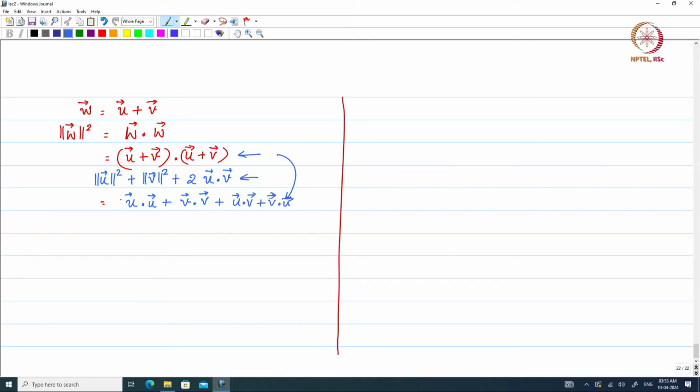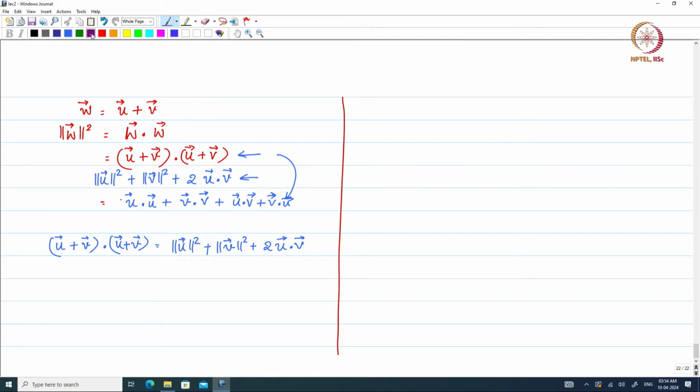So if you take the dot product of the sum of two vectors with itself, u plus v dot u plus v, what we get is u square plus v square plus 2 times u dot v, right.